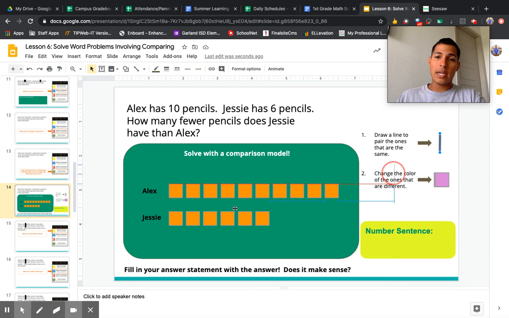So let's go ahead and make our pairs. One pair, two pair. And give us something to think about while I'm making this. What do pairs mean again? What is a pair? I'm going to let you guys think about that while I'm dragging these over here.